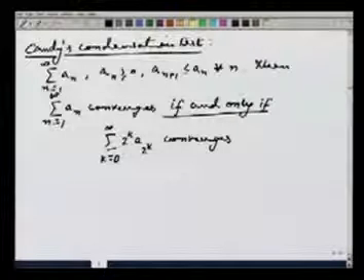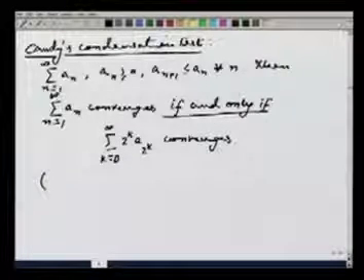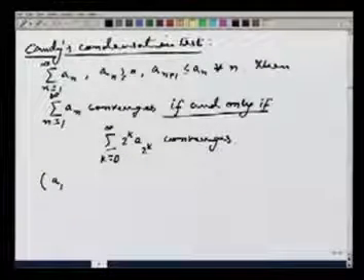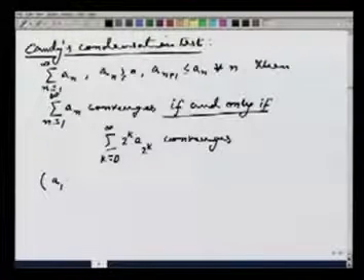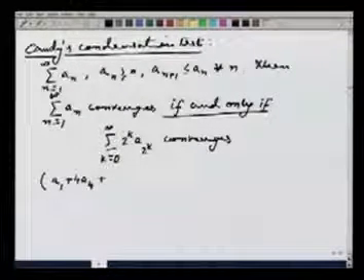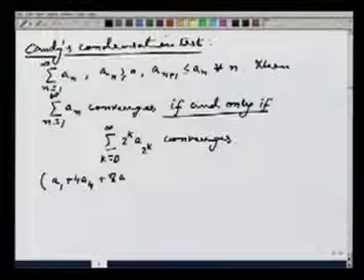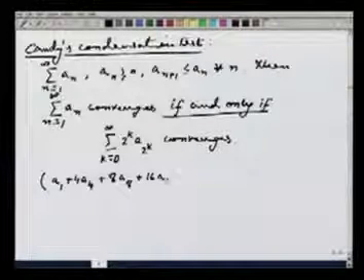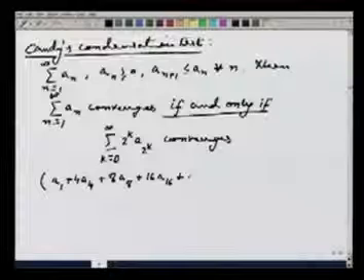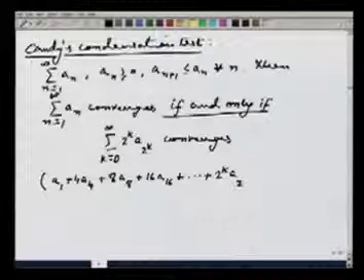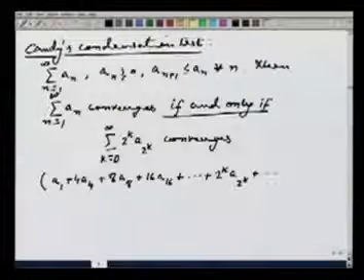Okay, so that means the series I need really to look at is, first I put k equal to 0, then I get a_1, then I put k equals 2, that means plus 4a_4, then I have to put k equals 3, that means 8a_8 plus 16a_16 and so on.